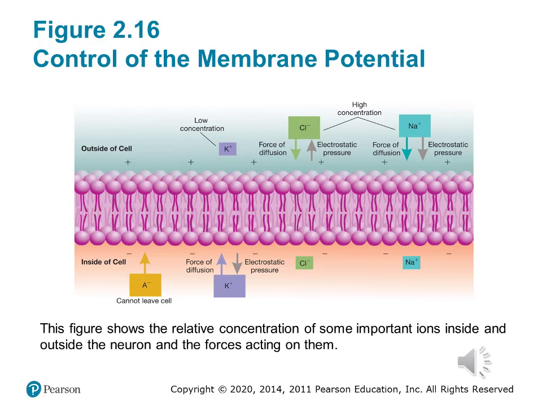The chloride ions are of high concentration outside the cell and enter the cell through diffusion and exit through electrostatic pressure. The sodium ions are of high concentration outside the cell in the extracellular environment, and they get into the cell through both diffusion and electrostatic pressure.